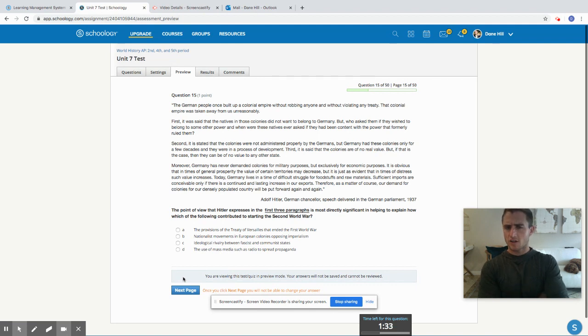Third, it is said that colonies are of no real value, but if that is the case, then there would be no value to every other state. So basically, Hitler's bitter about the Treaty of Versailles, right? Because it sounds like he's mad that Poland was stripped away from self-determination and that the other colonies were stripped away from Germany. So how do these three passages help explain what caused World War II?